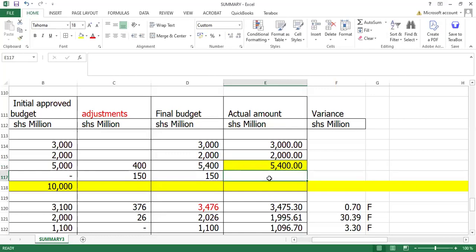Even here, we didn't have, but we received this money. So you put it here as your actual. You received this 400, you even received this 150. So it must increase your actual.